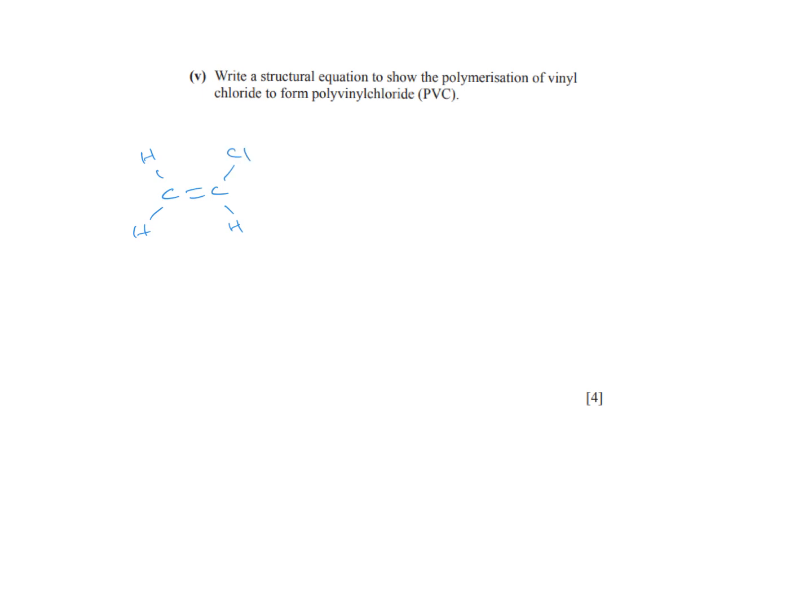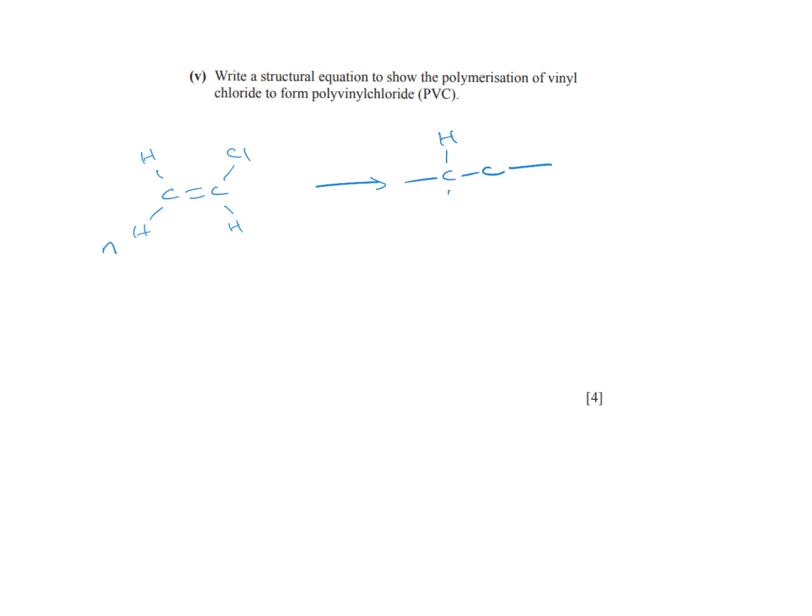So that's vinyl chloride or chloroethene. And we have n number of those because a polymer can be made up of thousands of these molecules, these monomers. And then when they join, the double bond breaks, and then we show that the molecule continues either side.